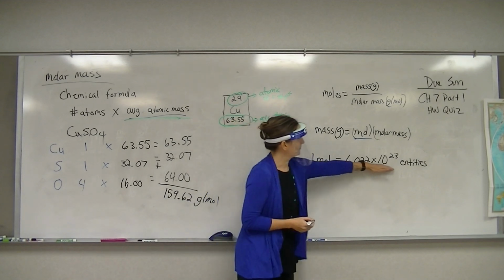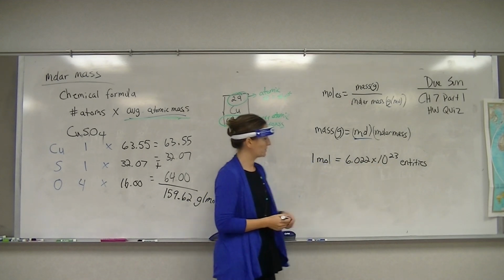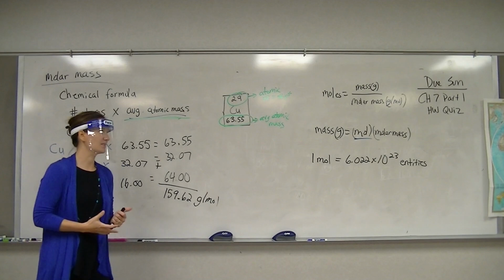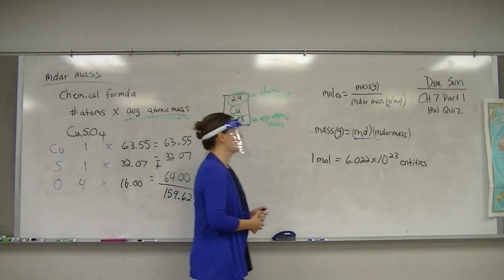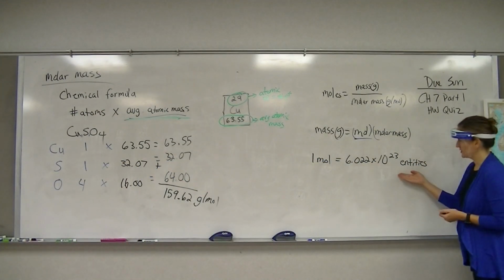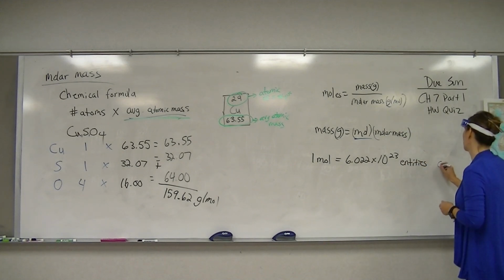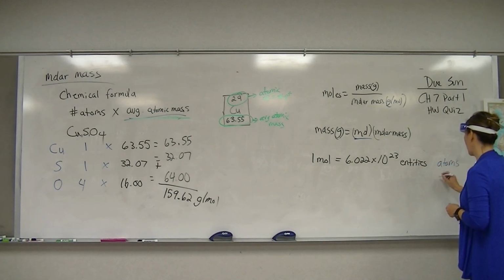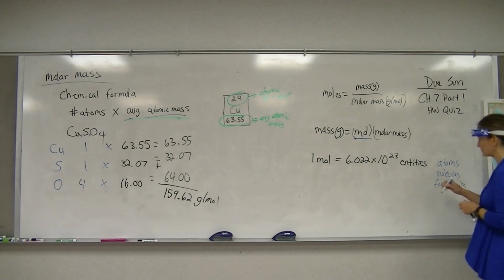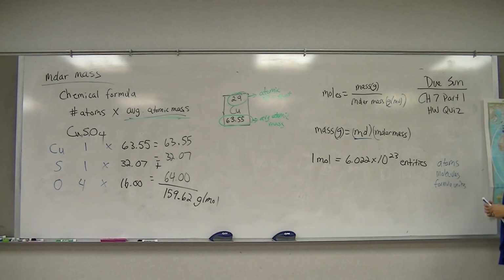So this very, very large number, 6.022 times 10 to the 23rd, that's Avogadro's number. Now, what this number tells us is either how many atoms, or how many molecules, or how many formula units are in a particular substance.